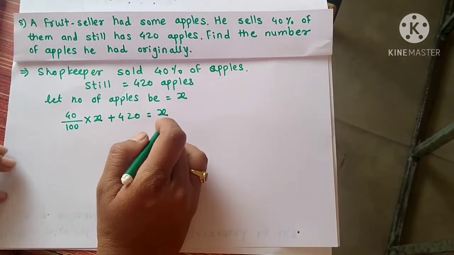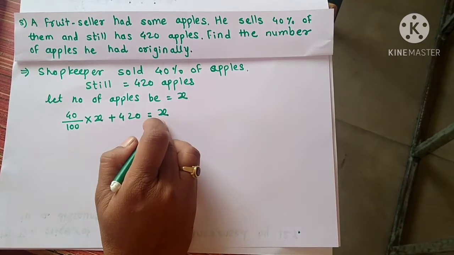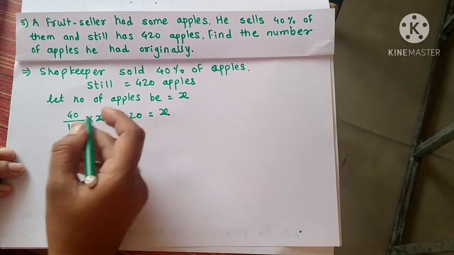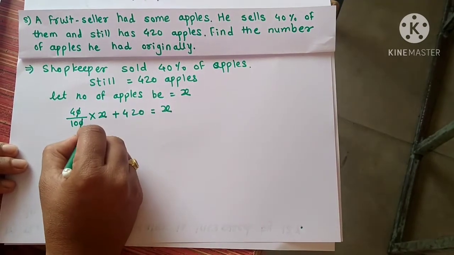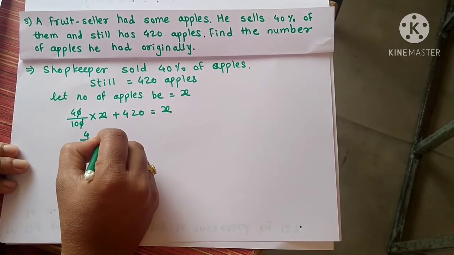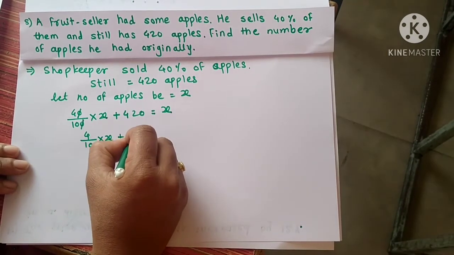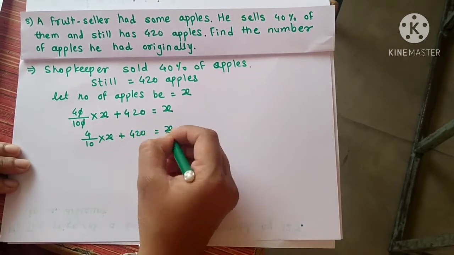So we have to find the total number of apples. So this 0 is cancelled with this 0. So 4 upon 10 multiplied by x plus 420 is equal to x.